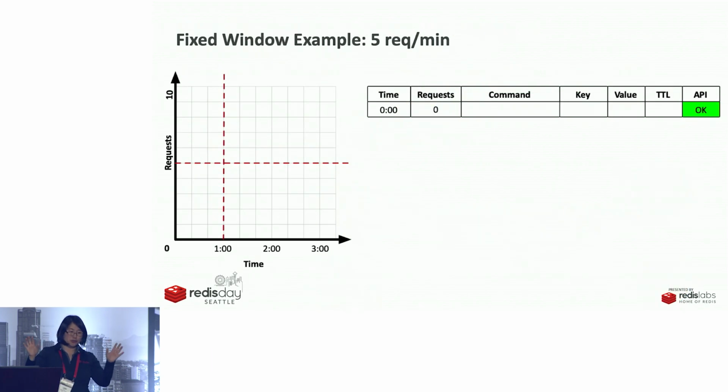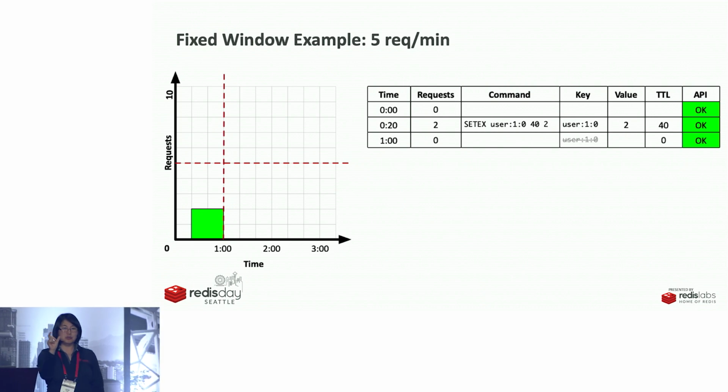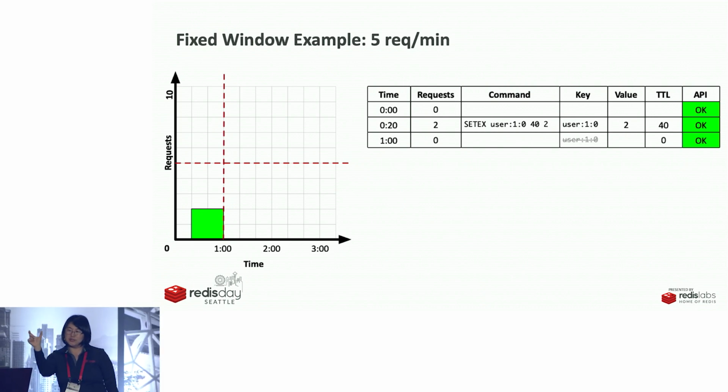So just from a visual cue, one thing I want to keep in mind is that my fixed window is not a shifting window. It is locked to that minute, the start of that minute to the end of that minute, in this particular example. Here, at time 0, and then 20 seconds in, I made 2 requests.